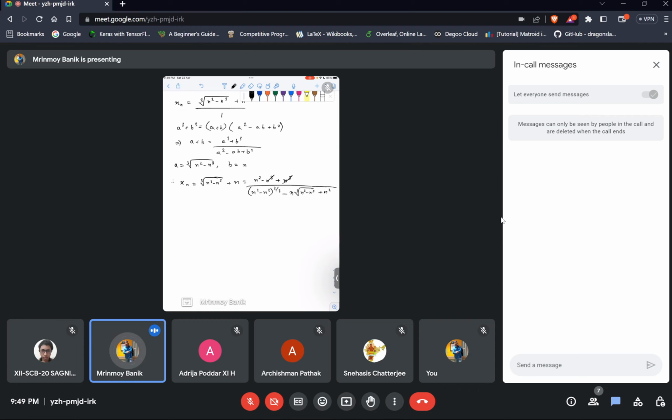Now we can separate out limits after dividing by n squared. So the limit as n tends to infinity of xn equals 1 over, since we are dividing by n squared, n squared times 2 by 3 is 4 by 3.